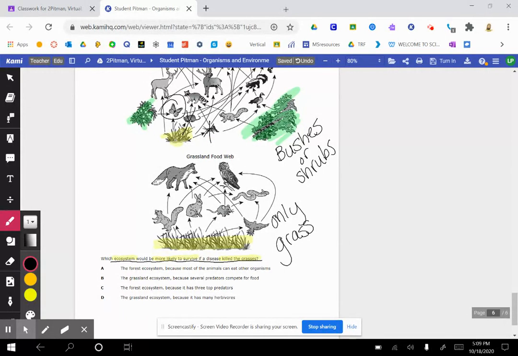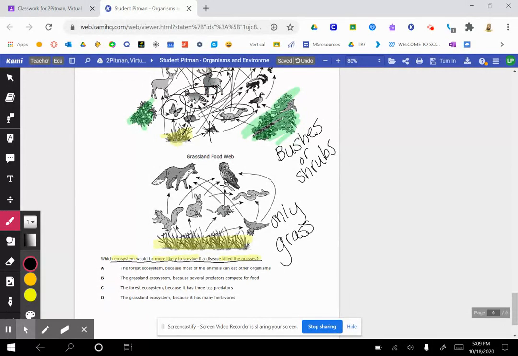But my butterfly would survive, and it looks like even though my raccoon is losing a food source, I can look here and see he has another food source over here. So he's still going to survive. And my deer might eat grasses, but he also has another food source in the shrub. So he's still going to survive.